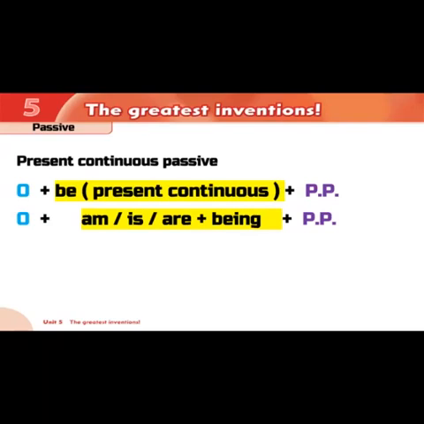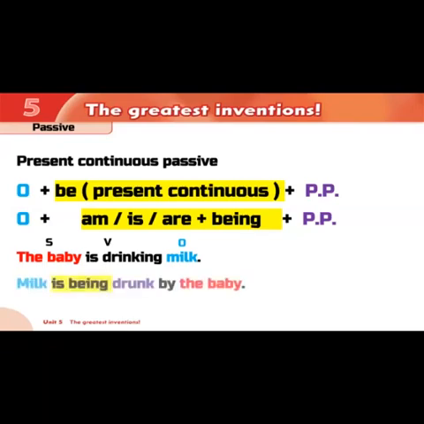Let's take an example. The baby is drinking milk. This is an active sentence. We want to put it in the passive. We have here the baby is the subject, is drinking is the verb, and milk is the object. We will start with the object, which is milk.